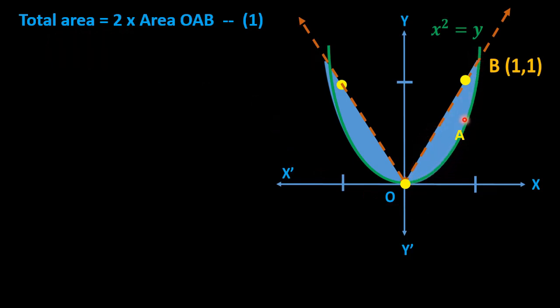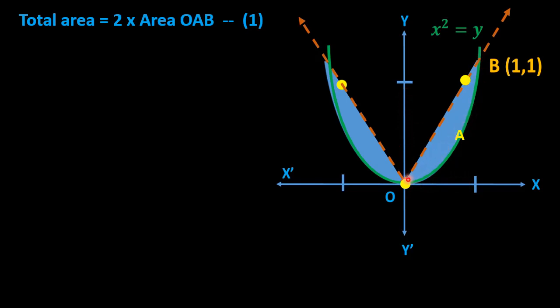So if we calculate this area and multiply by 2, then we get the total area of both. But here there is a difficulty. This area is not along either the x-axis or the y-axis. So we cannot get the area directly.